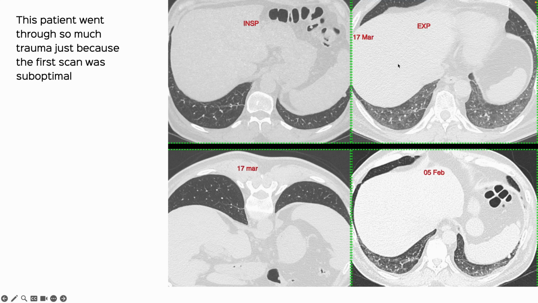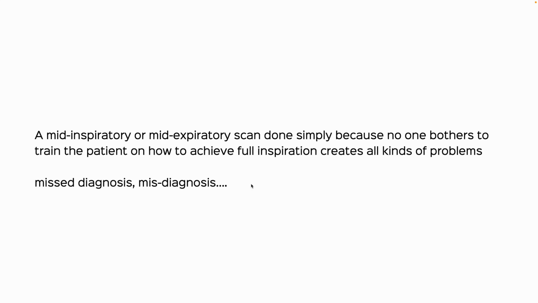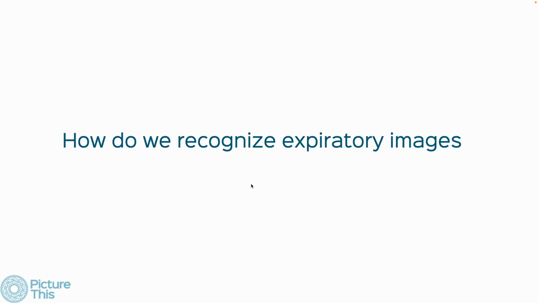And you can see that the expiratory scan 6 weeks later looks the same as the scan from 5th Feb. Whereas an end inspiratory scan shows that there's nothing, which effectively meant the patient had a normal scan to begin with, didn't need a diagnosis of COVID, didn't need those rubbish cocktails, didn't need anything. Right? So this was a misdiagnosis, and sometimes you can have a missed diagnosis.